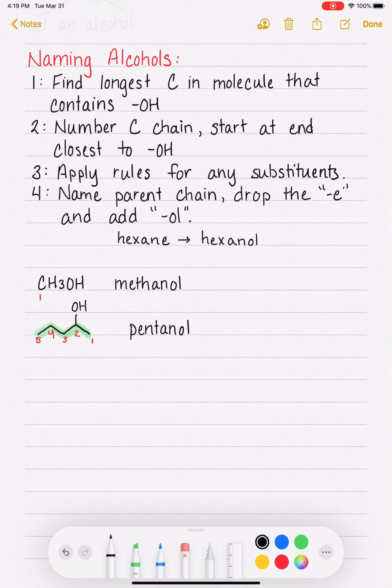What we also need to do is give the location of the alcohol. So this is 2-pentanol, and let's squeeze that rule in up here: name the parent chain, drop the E, add the "ol," give the location of the OH, the location of the alcohol, and it's going to be in front or before the name of the parent chain.